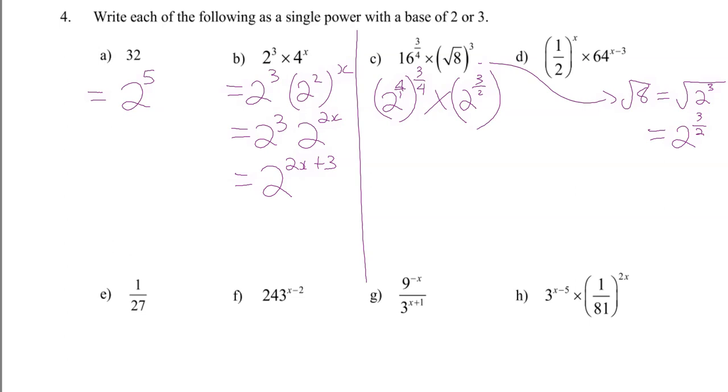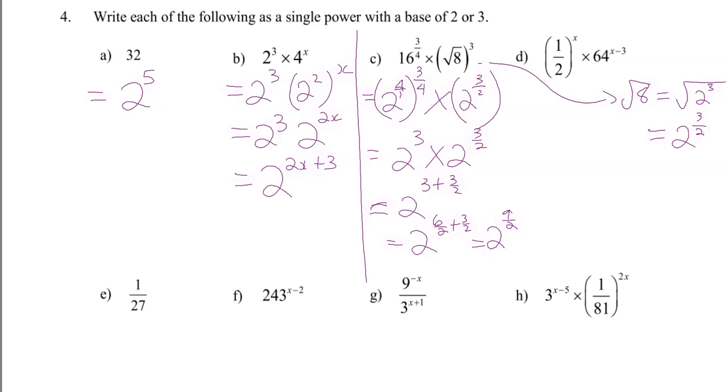So we get 4 times 3 is 12, divided by 4 is 3, so 2 cubed times 2 to the 3/2, which is 2 to the 3 plus 3/2. So 3 is 6 over 2. And ultimately, we get 2 to the power of 9/2.